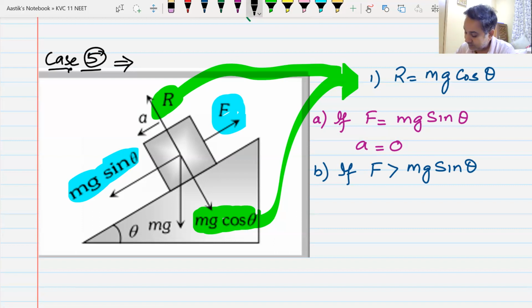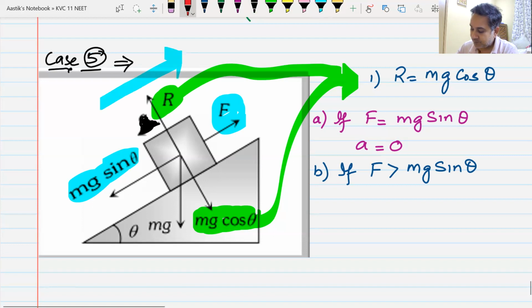If F is greater than mg sin theta, then this block will move upwards because the upward force is more than the downward force. So this block will move upwards.